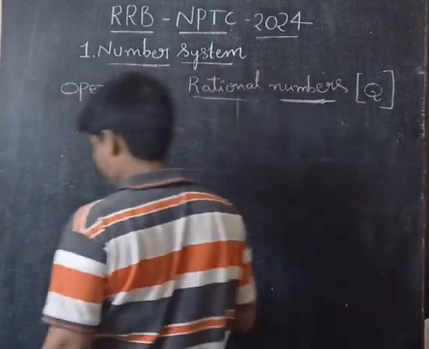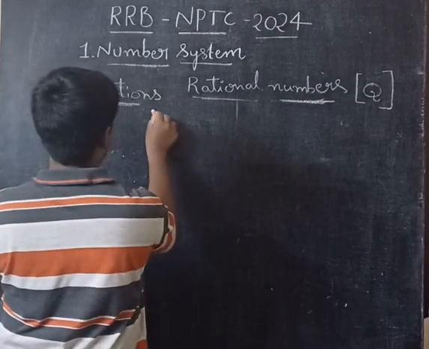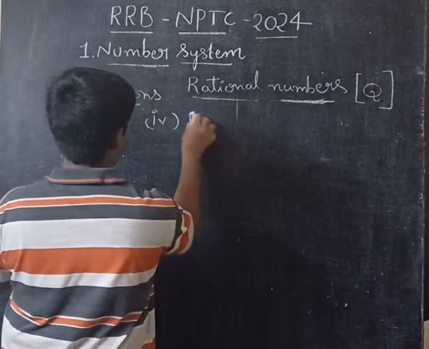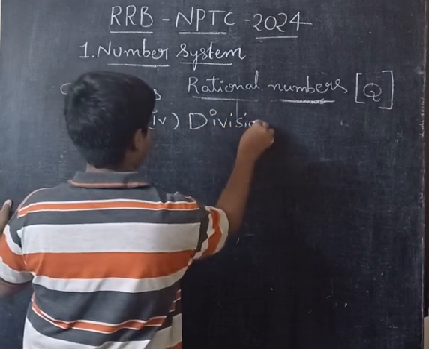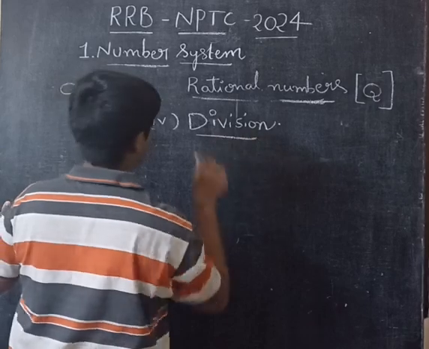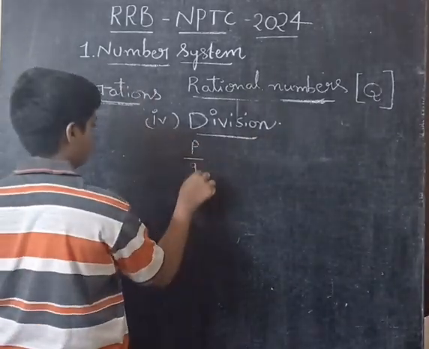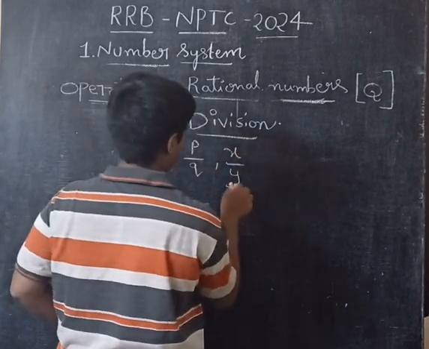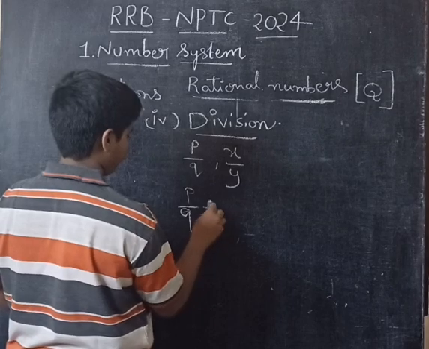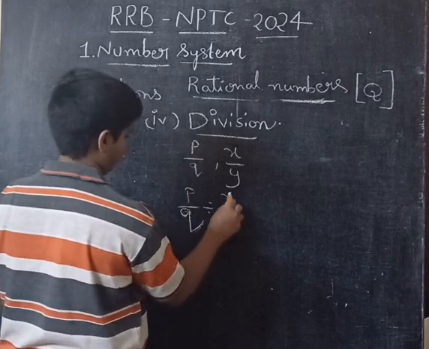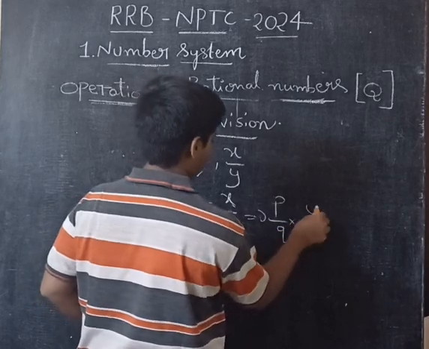And if you see the fourth one, division. Division is nothing but, if I take two rational numbers p by q and x by y, the division is p by q divided by x by y, which is nothing but p by q into y by x.